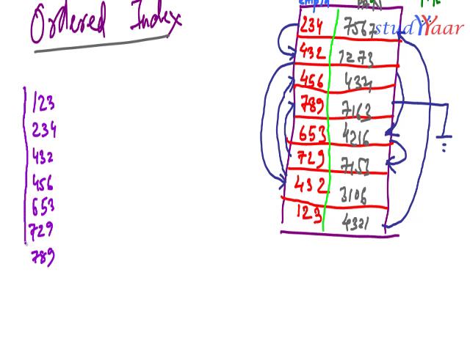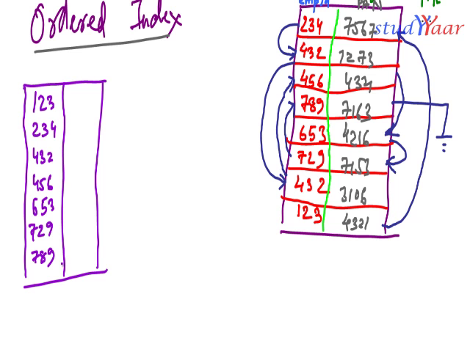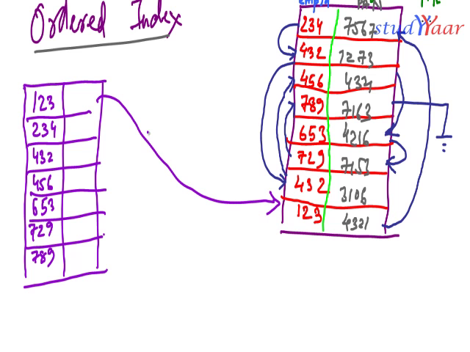And my index would store a pointer. So it's going to be something like 123 would point to this record, 234 would point to this record, 432 would have, let's suppose, two pointers.